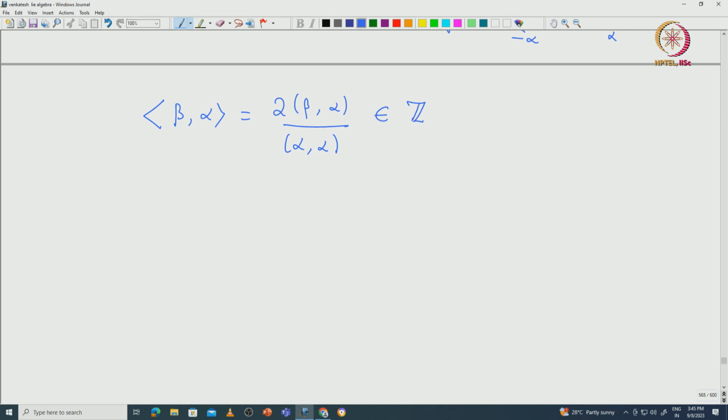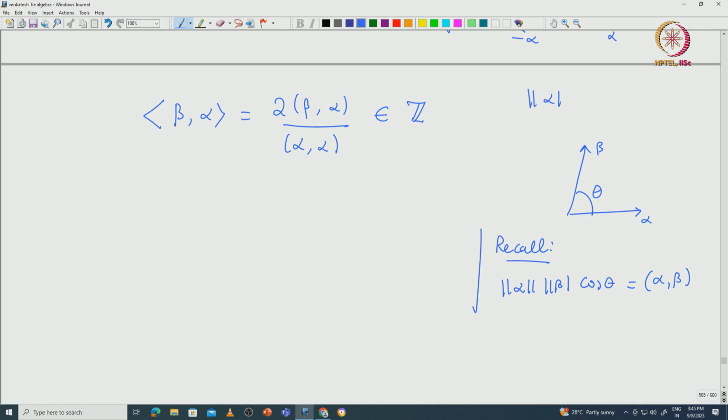But recall from elementary Euclidean geometry: if we take two vectors α and β, and θ is the angle between them, then we have a nice formula for cosine of θ in terms of the inner product. The norm of α times the norm of β times cosine θ must be equal to the inner product (α, β). So, this is the formula.